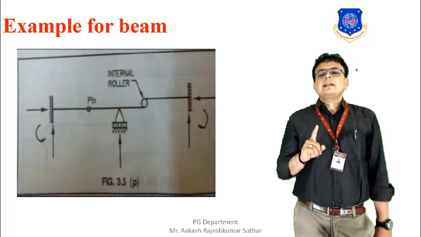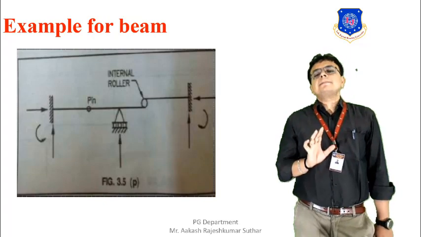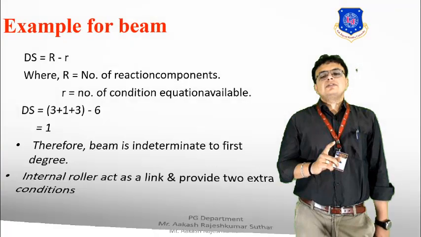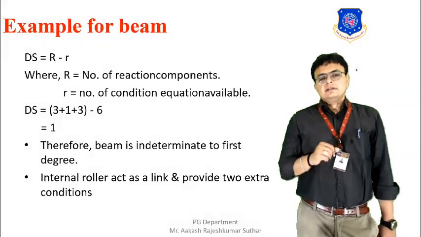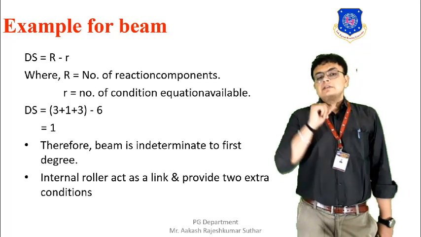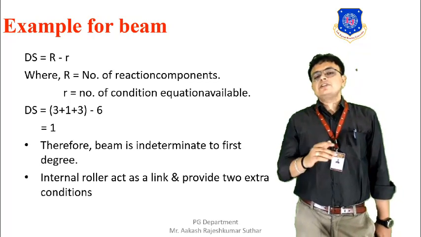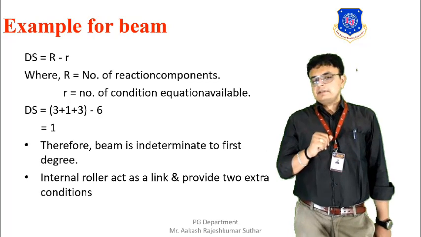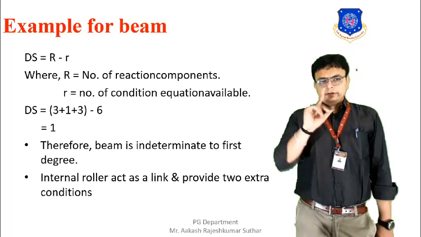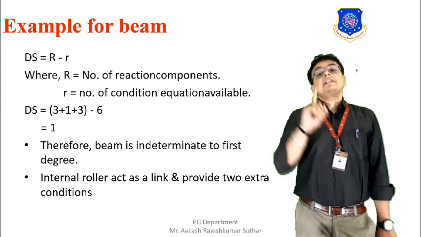That means the capital R value for the given beam will be equal to 7. Yes, the capital R is 7. Now talking about the number of condition equations that are available, for any beam, the small r value will be equal to 3.